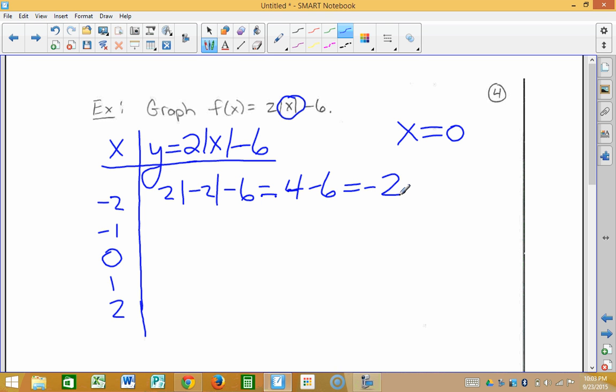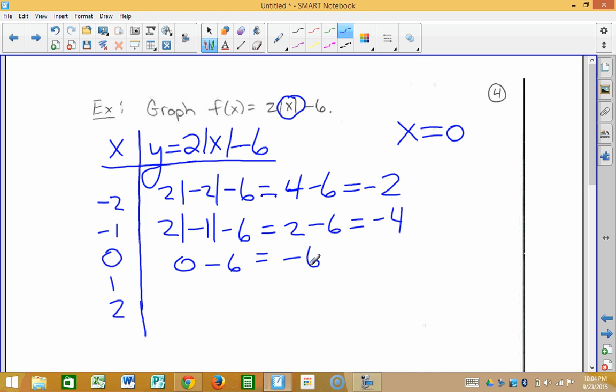We get 2 times 1 minus 6. Maybe we should write this out. 2 times 1 minus 6 is going to be 2 minus 6, or negative 4. We plug in 0. We will get 0 minus 6, or negative 6.